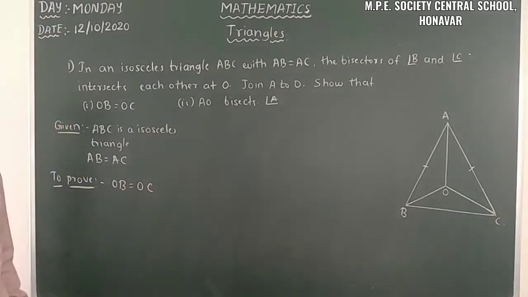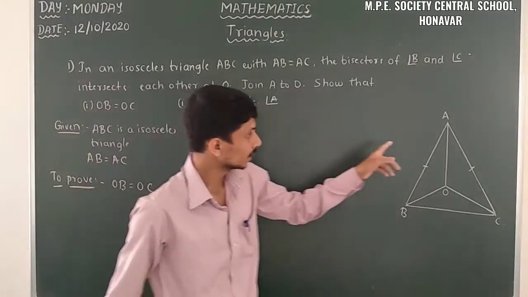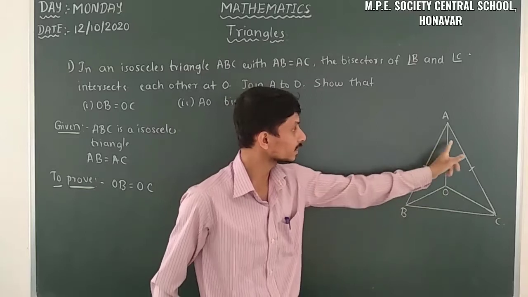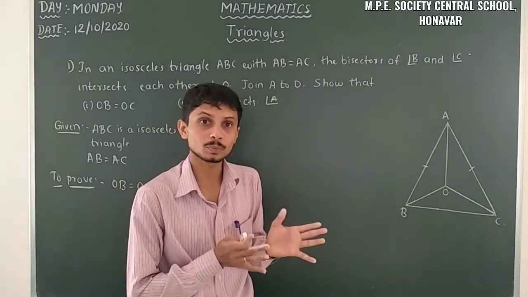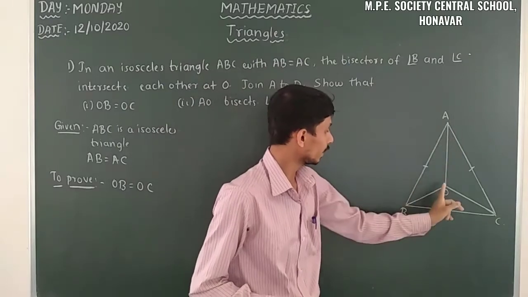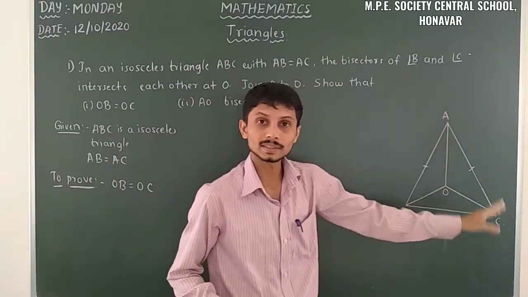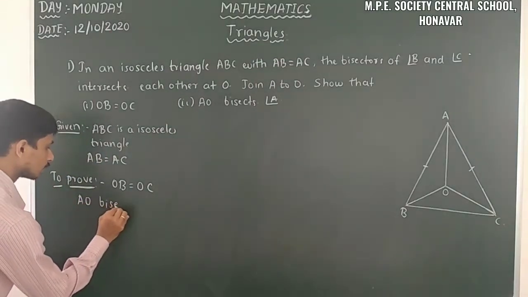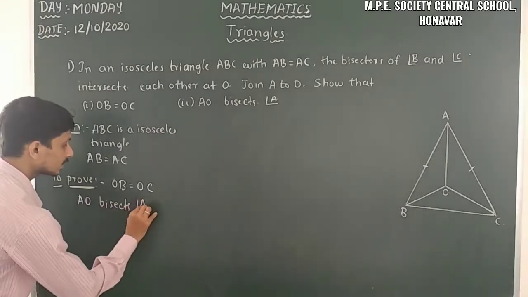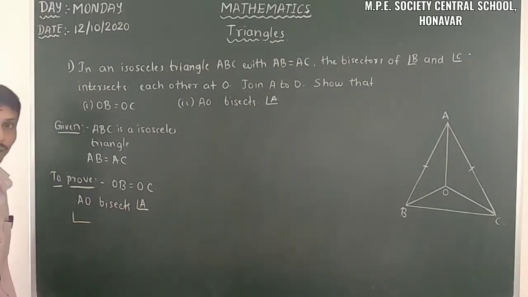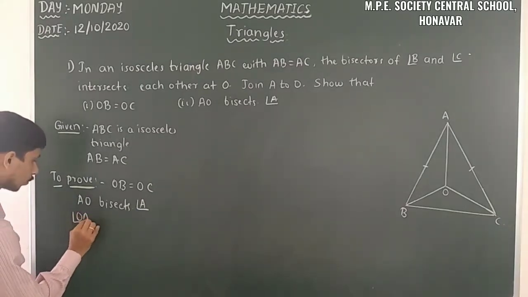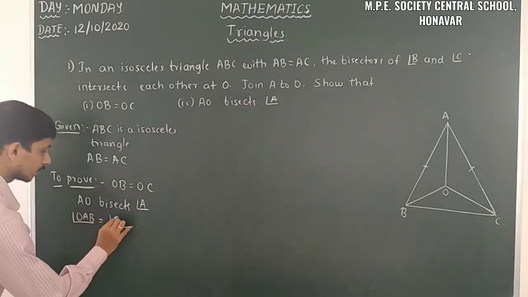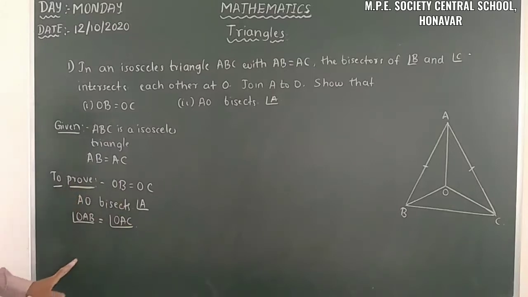Then AO bisects angle A. That means AO line bisects angle A into two equal parts, so we have to prove that angle OAB is equal to angle OAC. So these two we have to prove here.